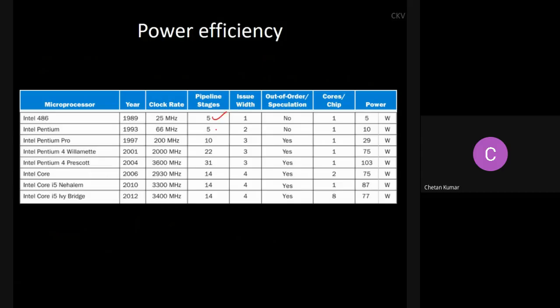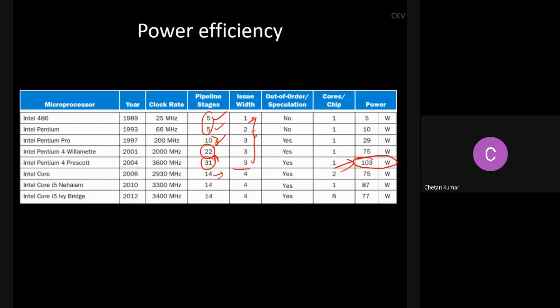Earlier, as I said, they used to increase the pipeline stages. Initially they were talking about 5, then they went on to 10, then they designed processors with 22 pipeline stages, 31 pipeline stages, and they kept on increasing the issue width also. Issue width here is 1, 2, and so on. But at some point, the power gap became too large to sustain this kind of design. Then they went back to a design with fewer pipeline stages.